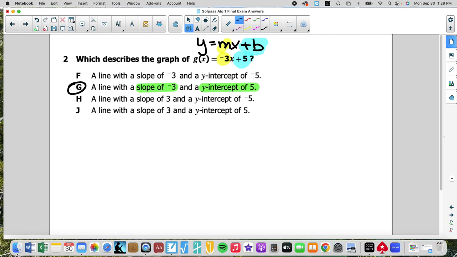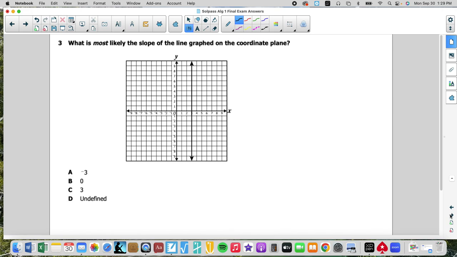What is most likely the slope of the line graphed on the coordinate plane? So we see, I don't know if you can see that, that line is here. I know when it's either horizontal or vertical that my equation is going to only have one variable. And it's going to be the variable that this line goes through. So it goes through the x-axis.